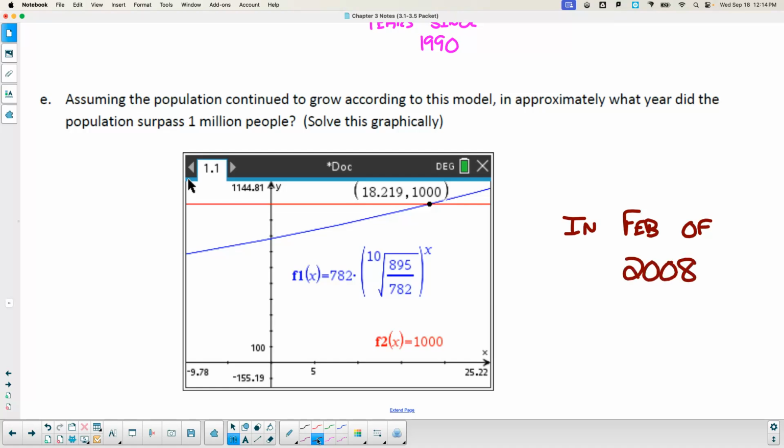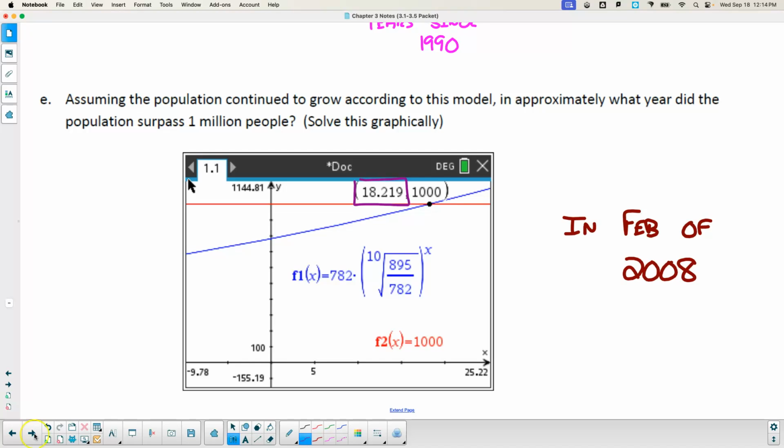Okay? Because the intersection point happened at 18 years, which remember was 18 years after 1990. So that puts it in 2008. And the 0.219, can we have 0.2 of a year? Yeah, that's where the February part comes from. Okay?